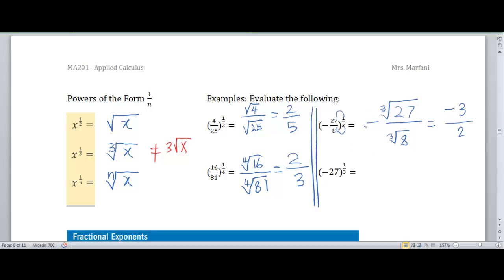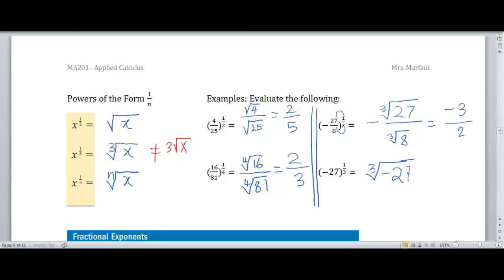Okay. And then we have negative 27, the cube root of negative 27. Excuse me. So if you have negative 27 raised to the 1/3, you can distribute that exponent. It's going to become the cube root of negative 27, okay?